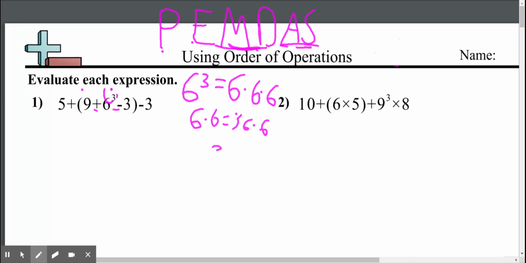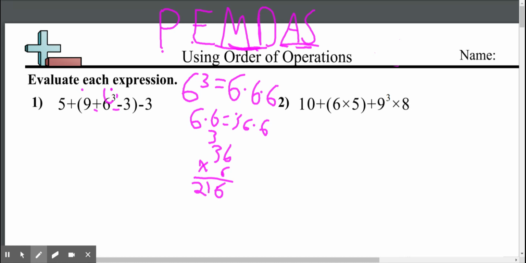Whichever way you look at it, 36 times 6, well, we knew that's 36, put 3 up there, 3 times 6 is 18, 18 plus 3, 21, okay? So again, that's basically in a nutshell what the exponents are.